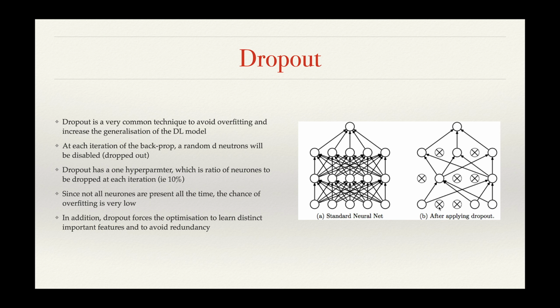Again, in this way, we are doing a kind of automatic model selection. We are forcing the network to not have redundant features or redundant neurons, and to learn good features, because at each iteration, not all features are visible or available.